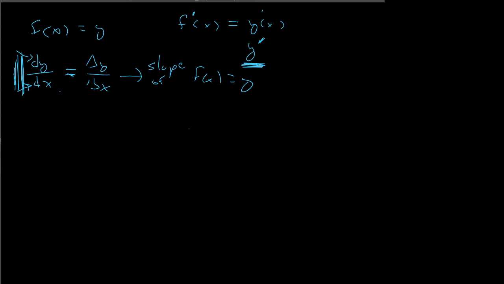And so our second derivative is double prime, and notice where the order 2 changes its location depending on what is the dependent and the independent variable.